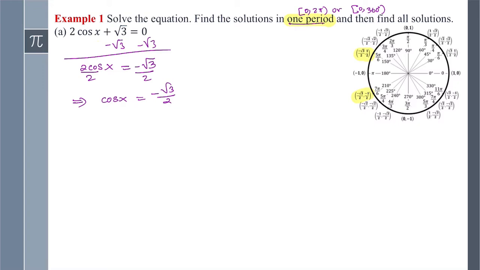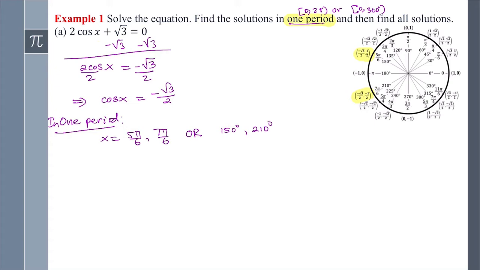So in one period, the solution is x equals 5 pi over 6, and the other one is 7 pi over 6. Or in degrees, we can write 150 degrees and 210 degrees. These are the solutions in one period.